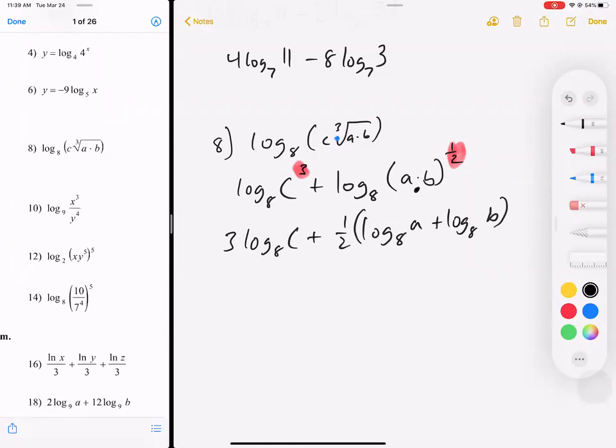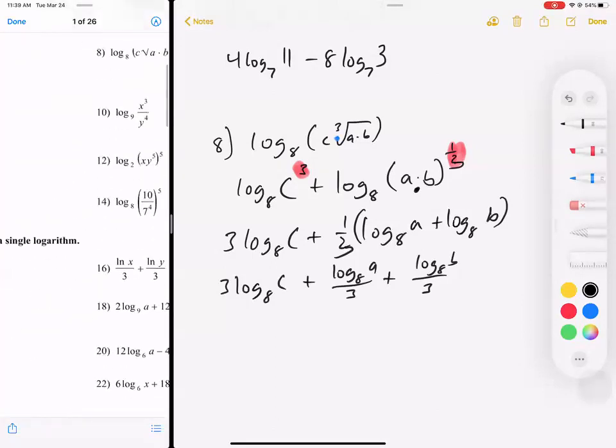Oh, I copied it wrong. That's a 3. I'm sorry. That's 3 log base 8 of C plus log base 8 of A to the 1/2 plus log base 8 of B to the 1/2. And this is a skill you can imagine using on an exam.